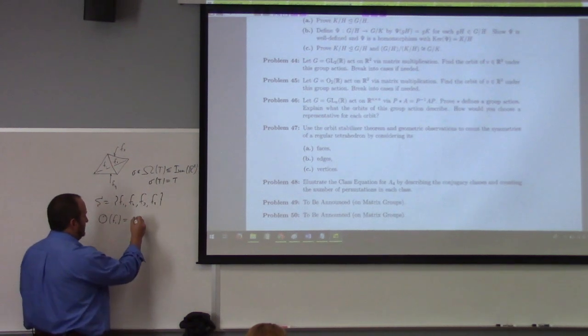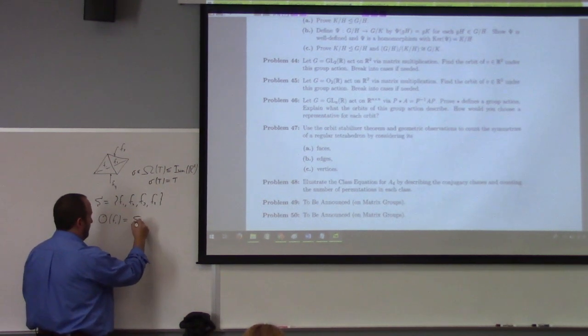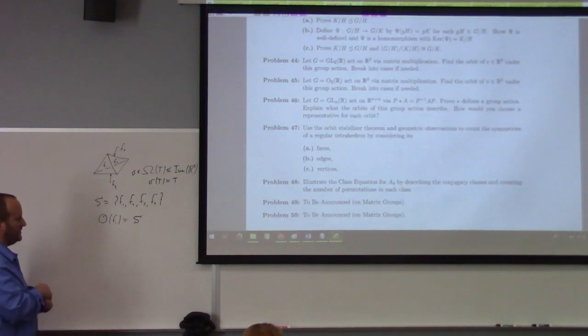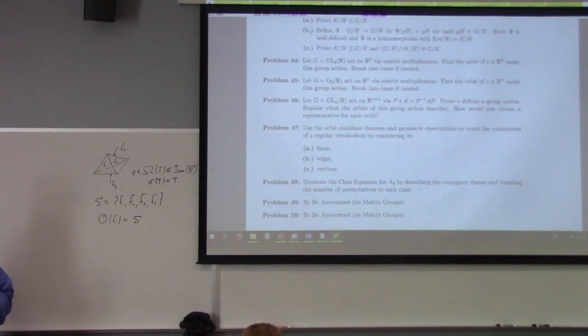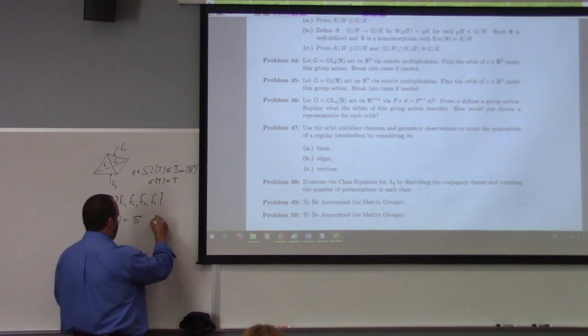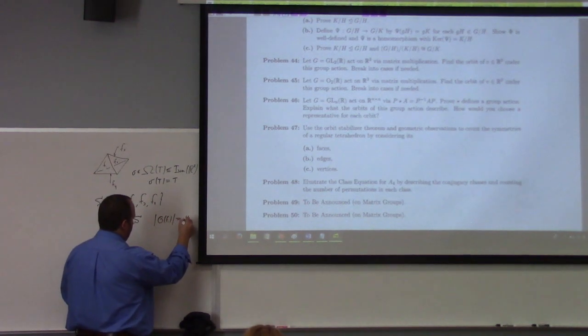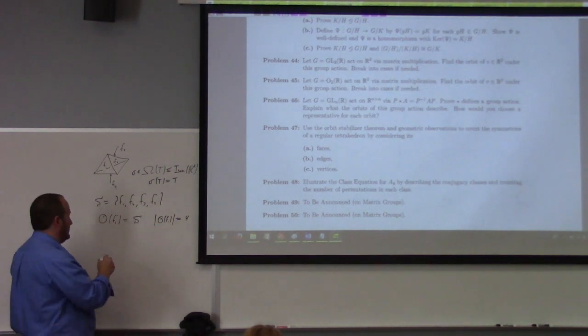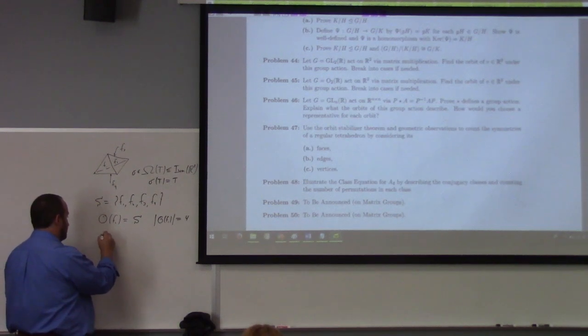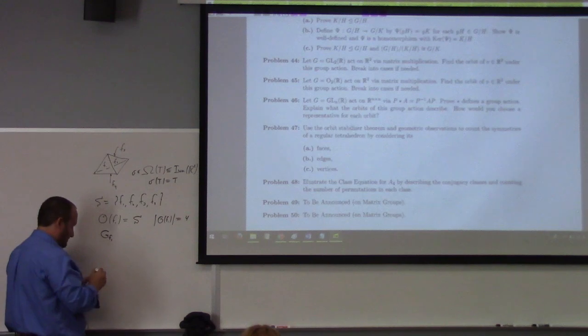It's actually S again, the whole set of faces. This action is transitive. Face 1 orbits to all the other faces. So the size of the orbit of face 1 is equal to 4. Then the question is, what's the stabilizer of face 1?